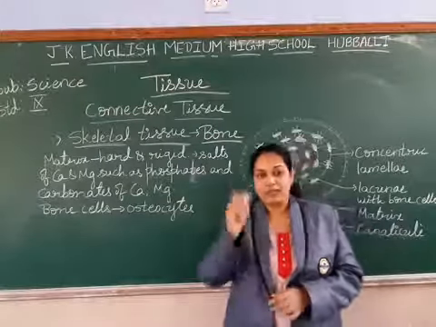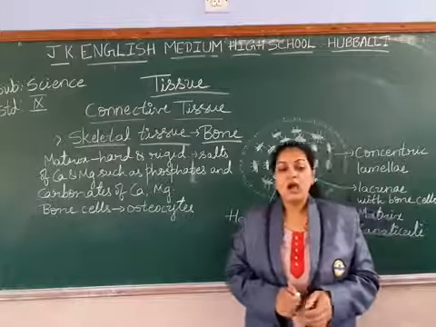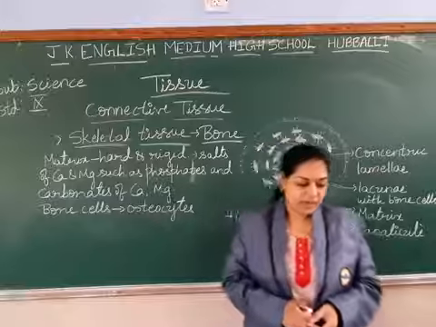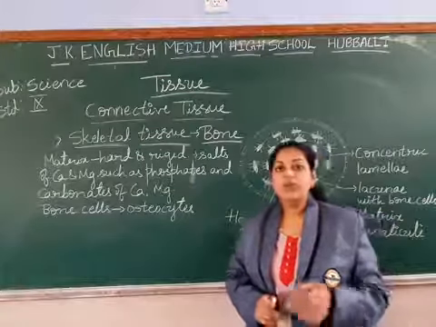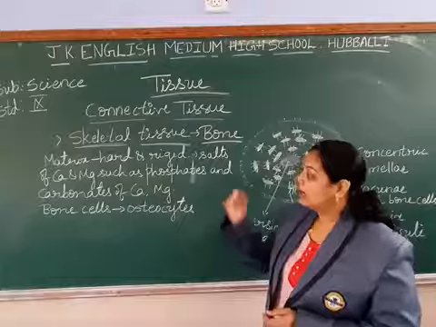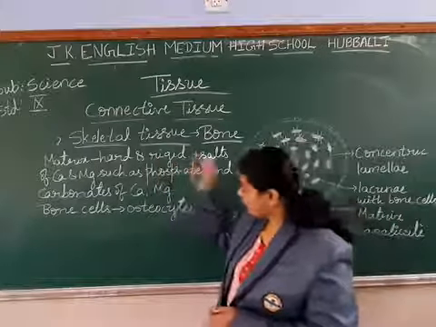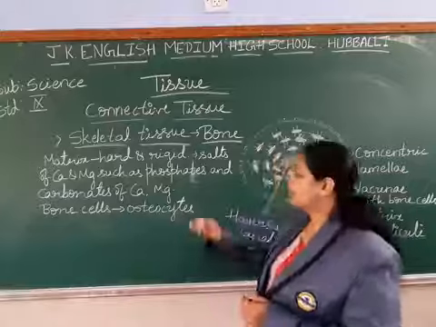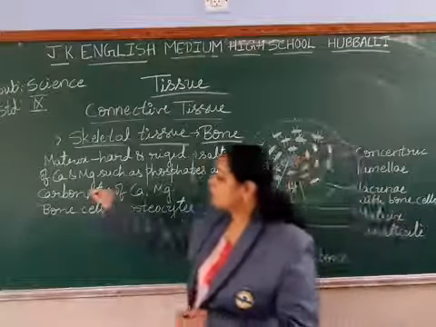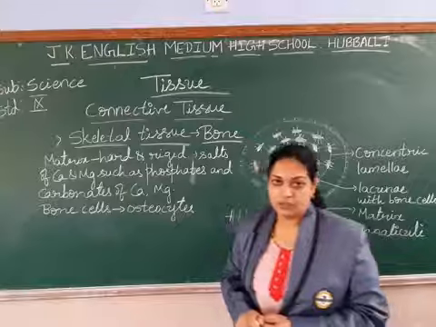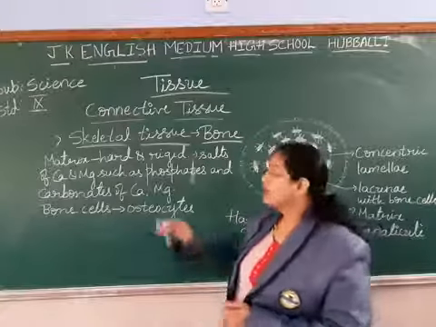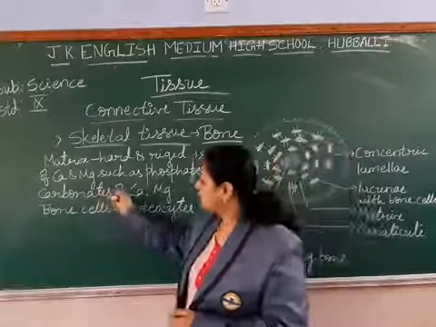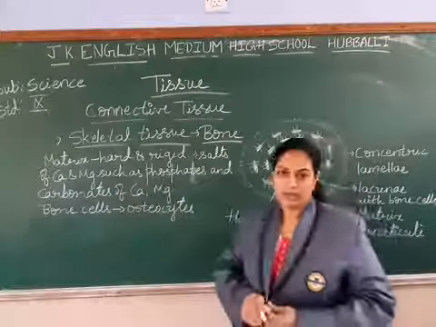What type of matrix do we find in the bones? A hard matrix we find, right? The matrix is hard in the case of bones, and the matrix is rigid. It is made up of the salts of calcium and magnesium, such as the phosphates and carbonates of calcium and magnesium.